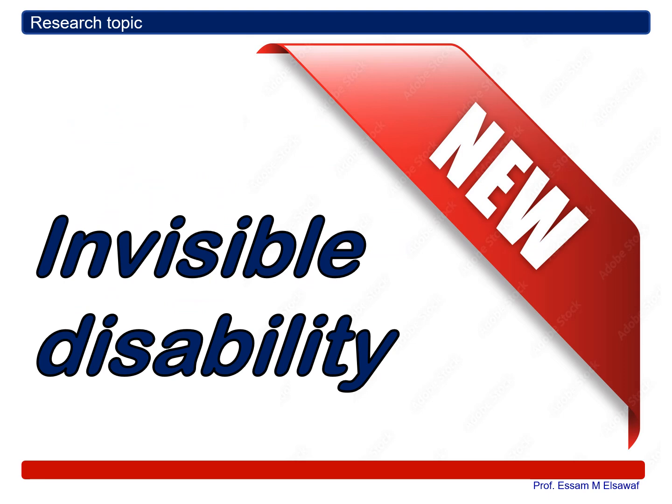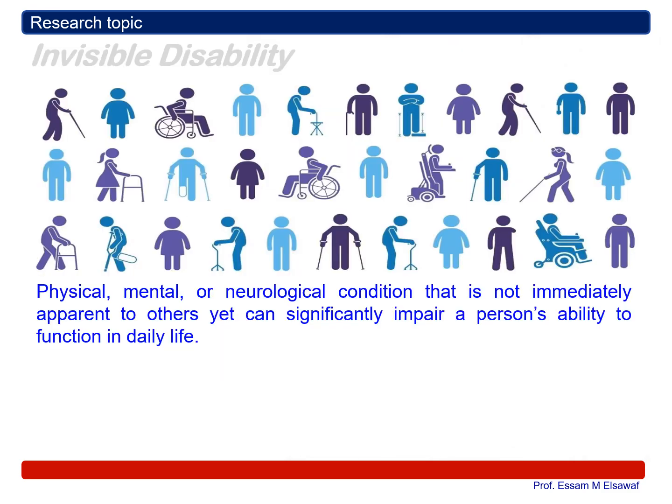Invisible disabilities could be physical, mental, or neurological conditions that are not immediately apparent to others. It's some sort of disability that we cannot discover by eye, yet it can significantly impair a person's ability to function normally in daily life.